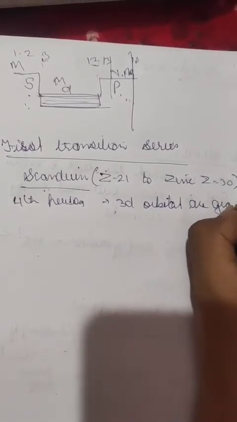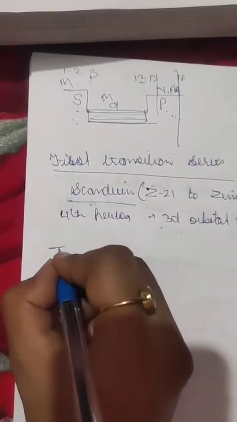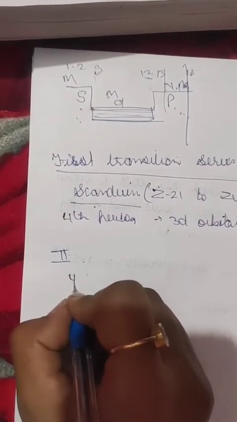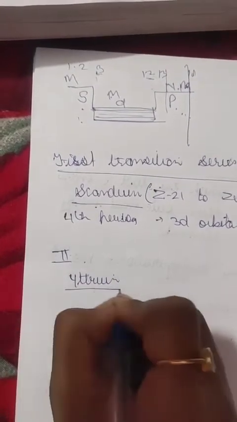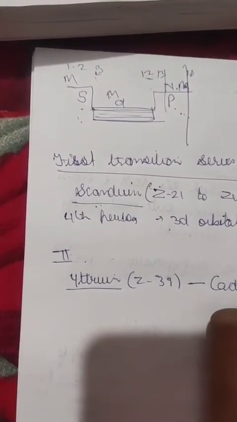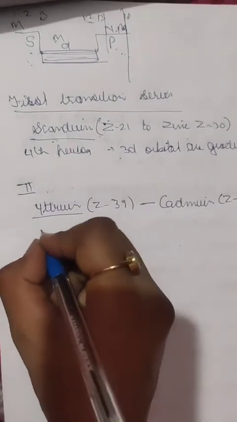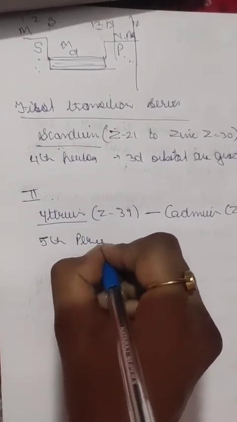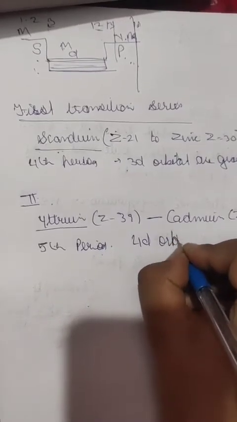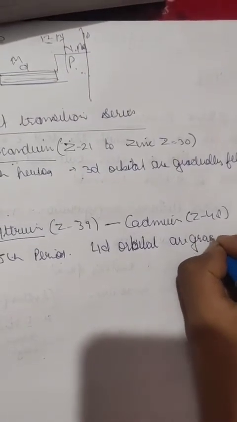Then the second transition series starts from yttrium, atomic number 39, and moves to cadmium, atomic number 48. This is for the 5th period, and the 4d orbitals are gradually filled.